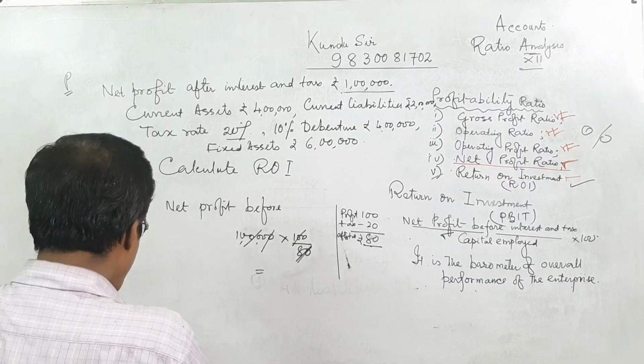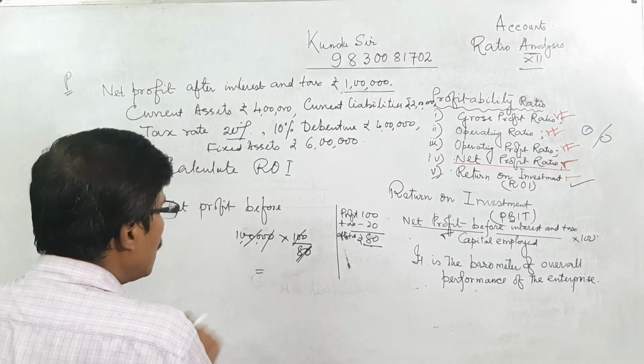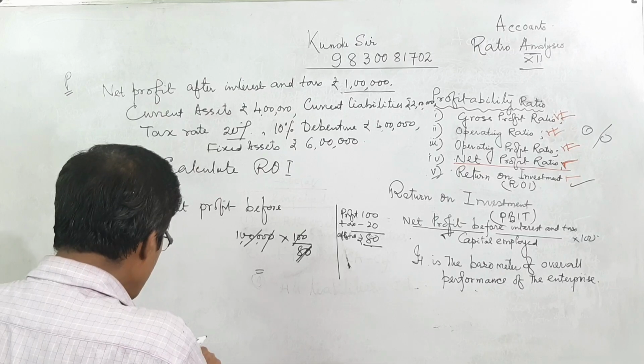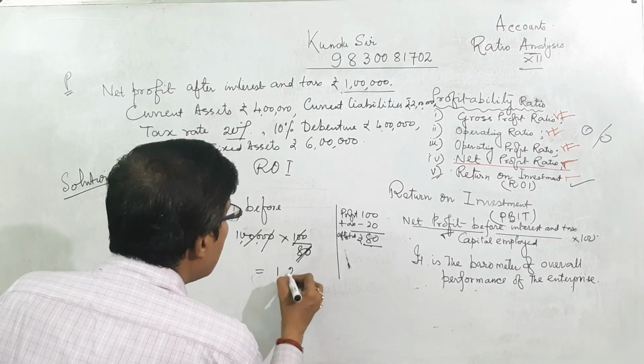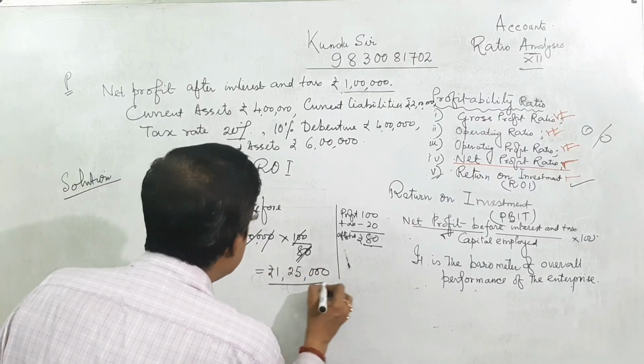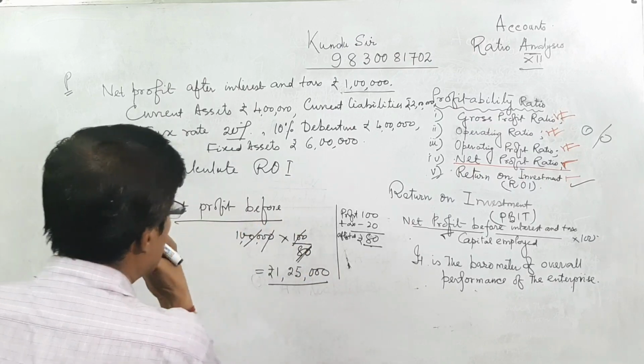Profit is 1 lakh into 100 divided by 80, and we get 1,25,000 as profit before tax.